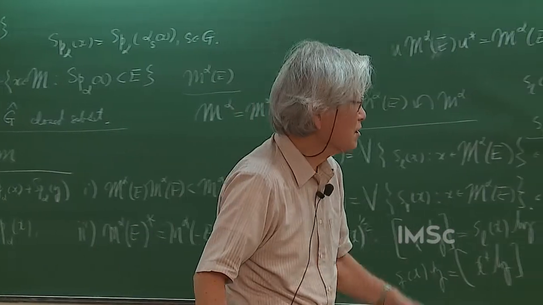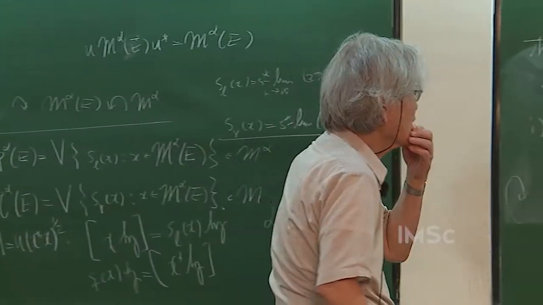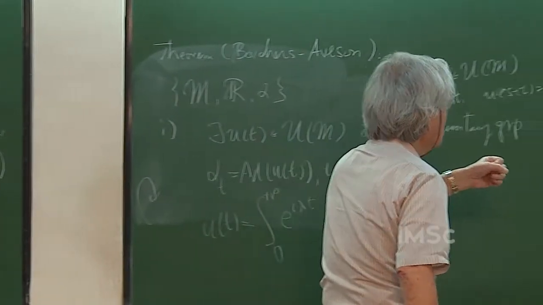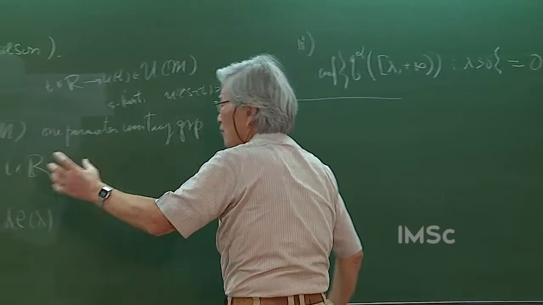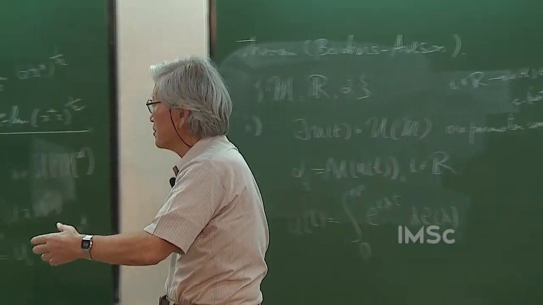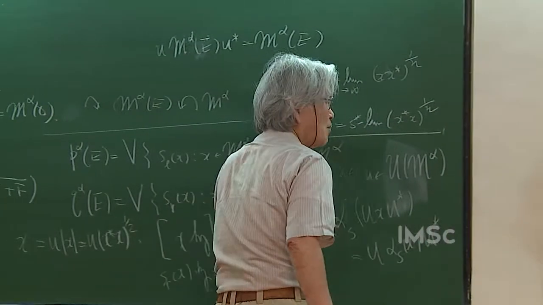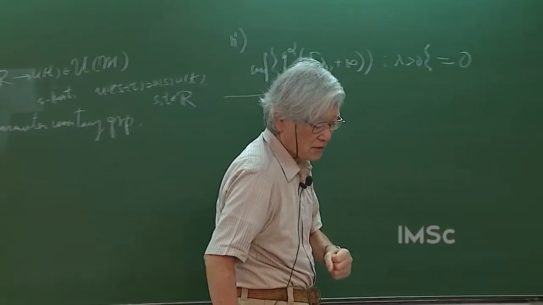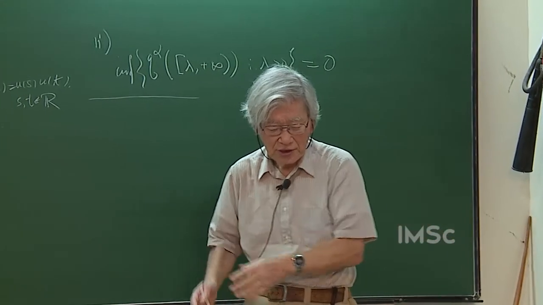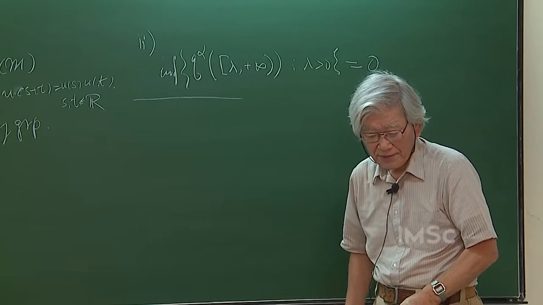And another is this: alpha, the one-parameter automorphism group with the oscillation mode somewhere, it's shrinking down.